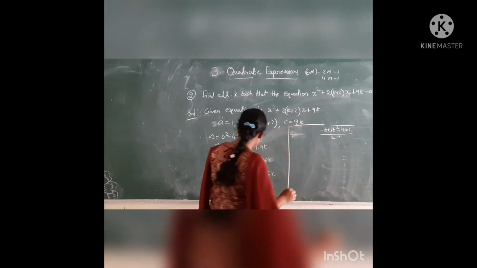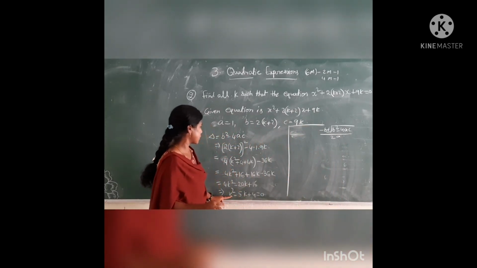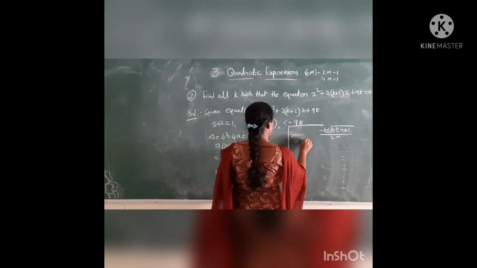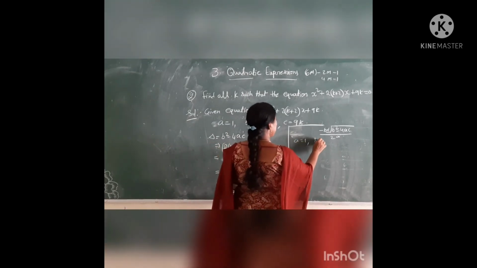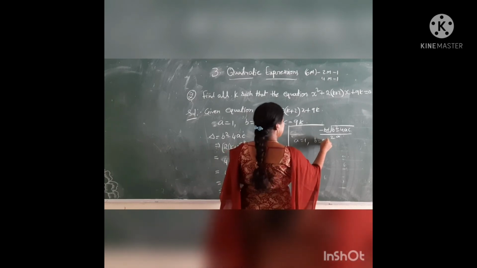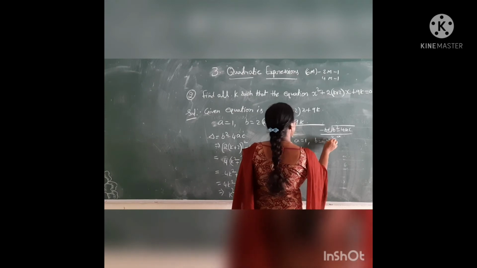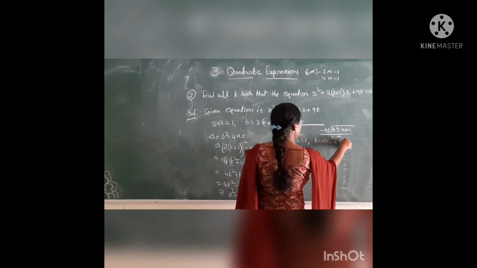Here this equation compared with the quadratic equation again. So we get a is equal to 1 and b is equal to minus 5 and c is equal to 4.